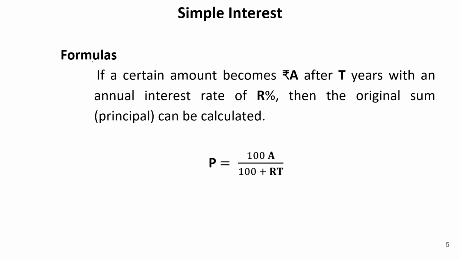The formula to calculate the principal amount is P = 100 × A / (100 + R × T), where the interest rate is R% per annum, the original sum is the principal, and T is in years.